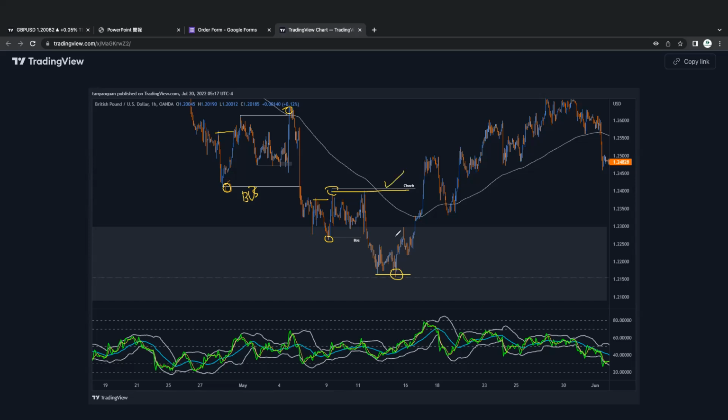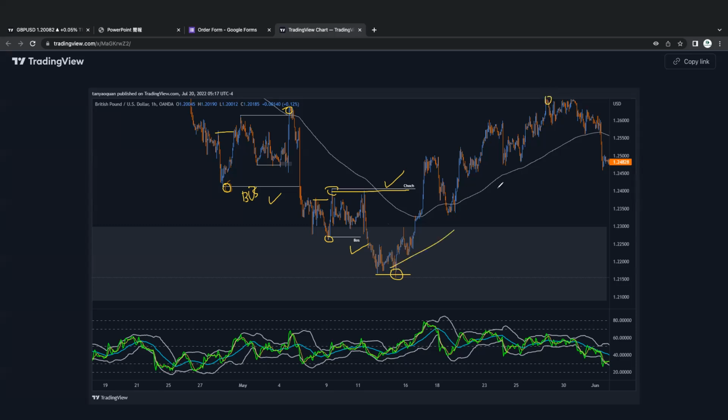This is a choch which is valid, and this BOS is also valid, and this BOS is also valid, and creates a new structure. The market pushes higher, and if it takes out any inducement, this becomes our new structure. But if it does not take out the inducement, the market is continuing, pushing higher highs, and I think there is no inducement taken out here at this point.